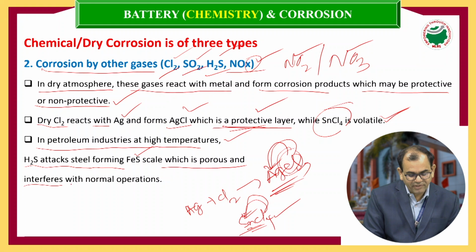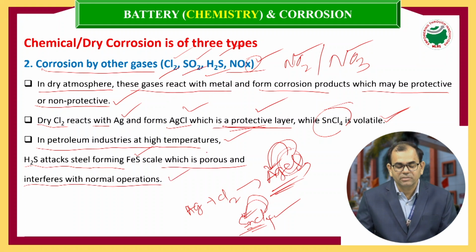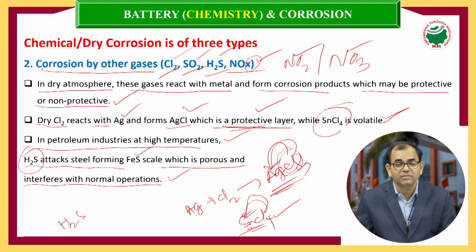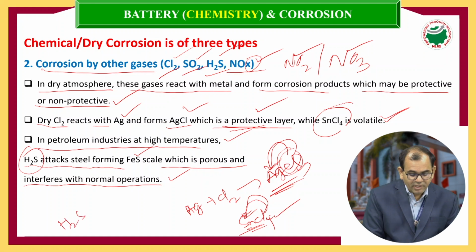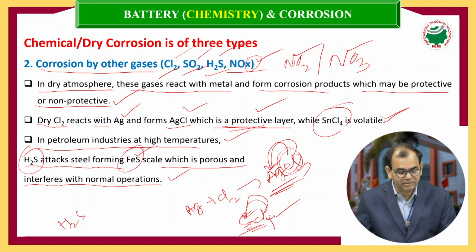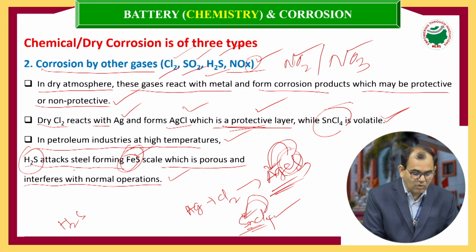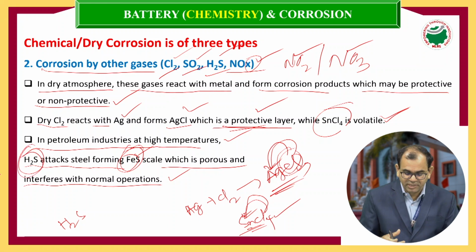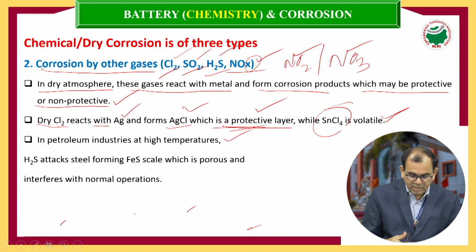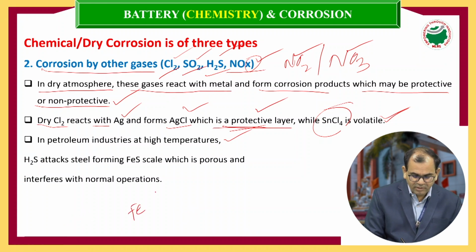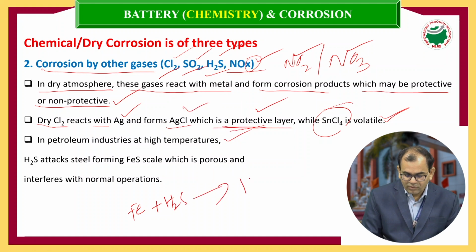In petroleum industries at high temperatures, H2S attacks steel, forming ferrous sulfide scale, which is porous and interferes with normal operations. So hydrogen sulfide, H2S, is dangerous to metal surfaces because it forms ferrous sulfide. Ferrous iron comes from the metal or vessel. So there is iron, any vessel or anything, and iron plus H2S gives rise to FeS.